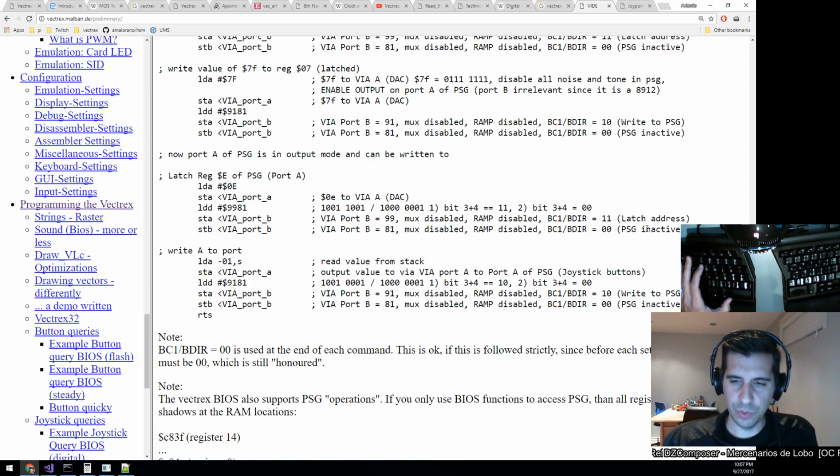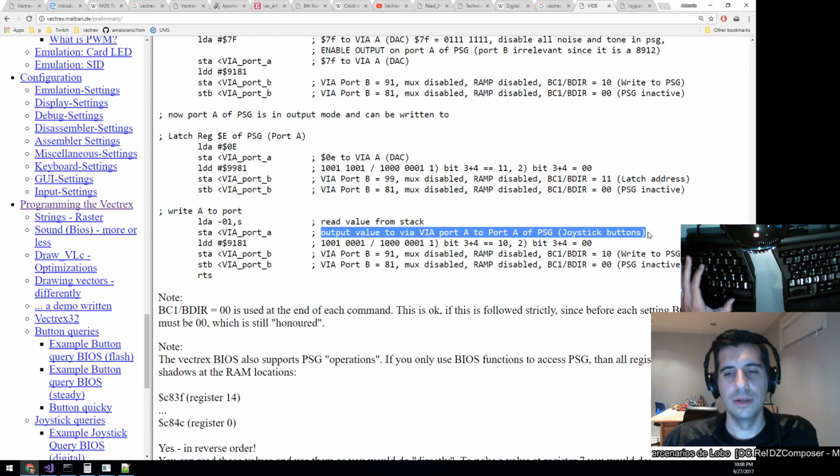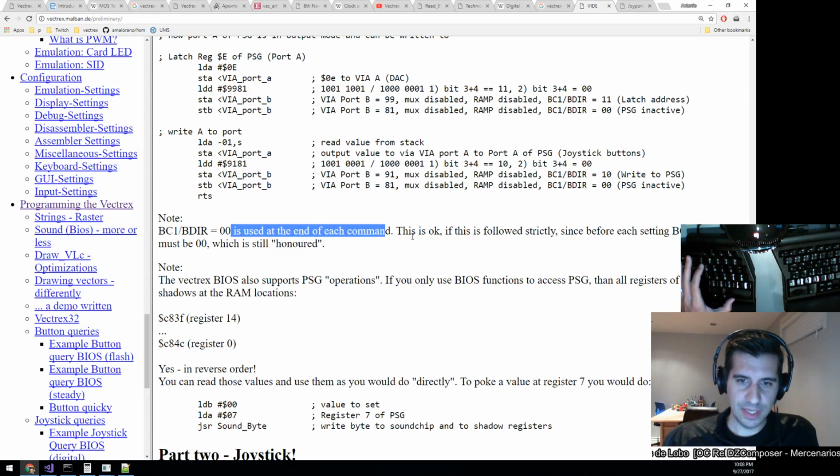Latch inactive. So now we've said we want to select that register, and then we write A to port. Read value from stack. Output value to VIA port A. Output value to VIA port A to port A of PSG. Note, BC1 BDIR equals 00 is used at the end of each command. This is okay if this is followed strictly, since before each setting BC1 BDIR must be 00, which is still honored.